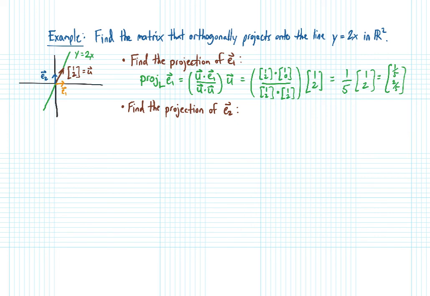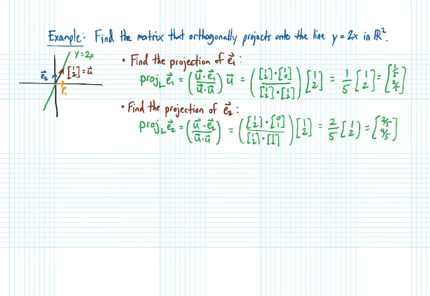And then to get the second column of the matrix, we just do the same thing, but for e2. And this time, the dot product in the numerator is 2, and so we get 2/5 times the vector (1, 2). And so we end up with (2/5, 4/5) as the second column of the matrix. And so that's it. We've got the matrix. So I think you'll agree that the dot product really makes it much easier to find these orthogonal projection matrices.